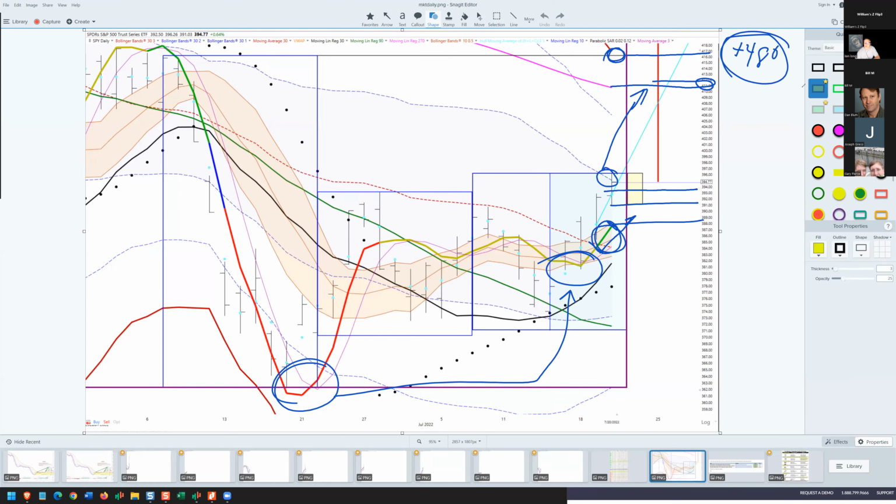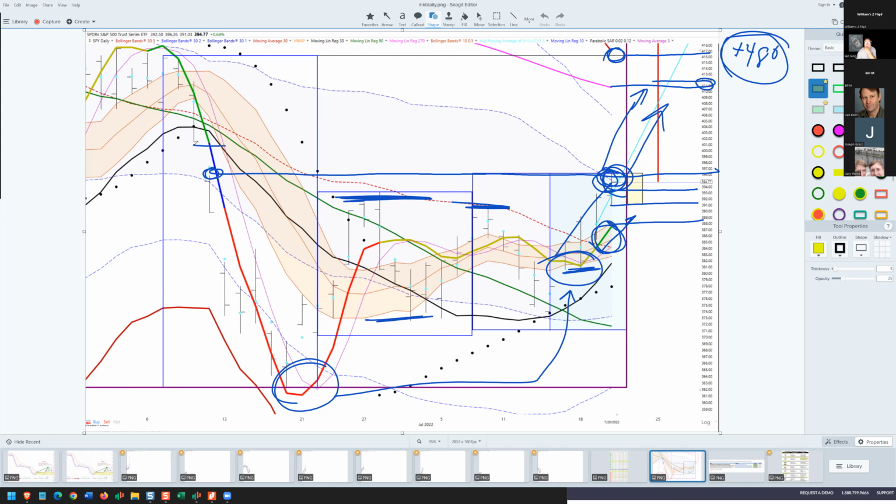So still a ways to go. But that's looking pretty favorable. Cautiously optimistic. It cleared this and that today. Now it's just got to get above that little gap. And it's right on the money, ready to go.